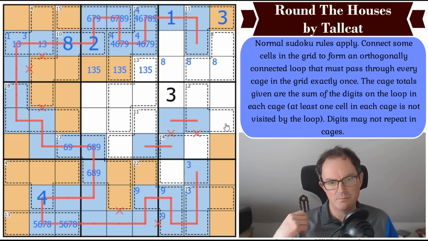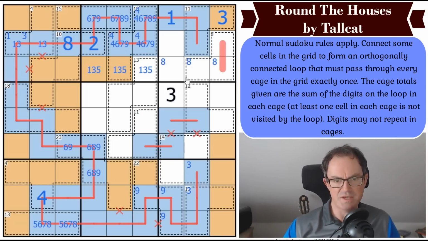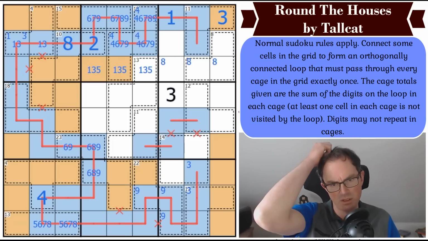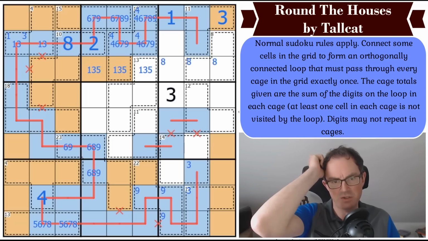Don't think I can pull the same trick with this 8 cage by doing that junction, because I don't know at the moment any cell within that 8 cage that's actually blue, because this is one of these cages that could just be a single total.